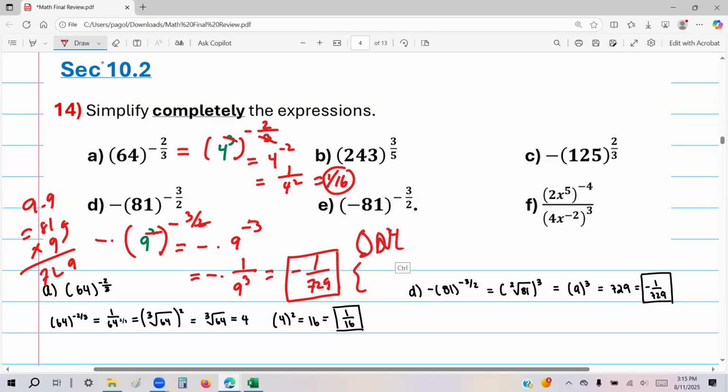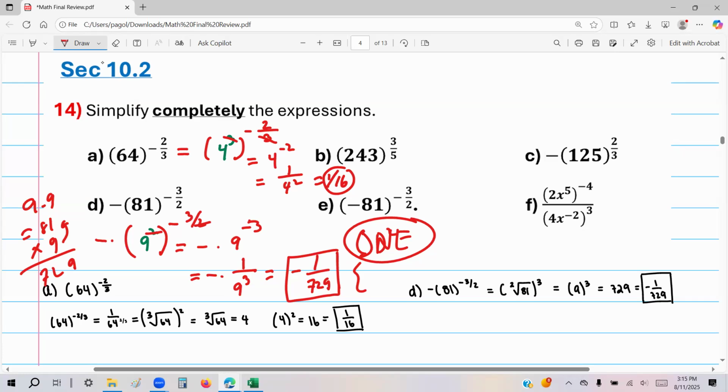So this doesn't exist because it's not possible. You cannot get a negative number by multiplying the same number an even number of times.